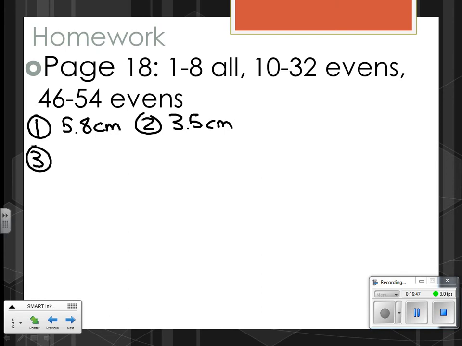Keep in mind, each little line there we just said was a 16th. What are we thinking? An inch and 7/8. I would agree. So 1 7/8 inch.